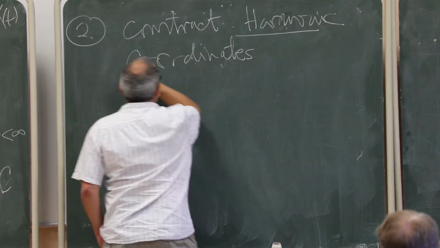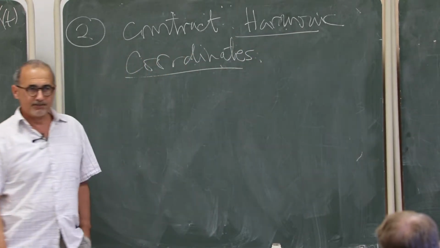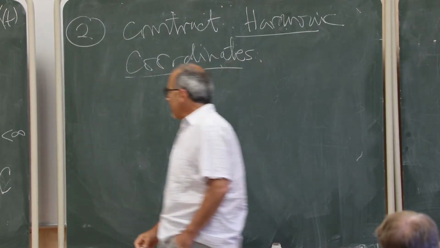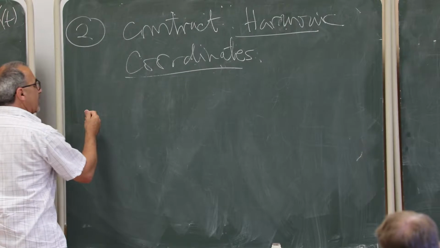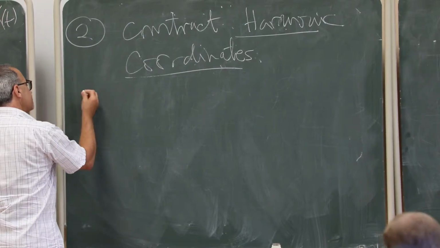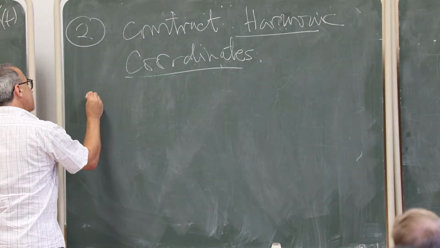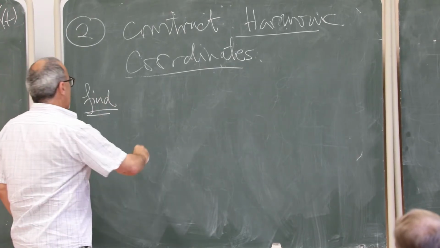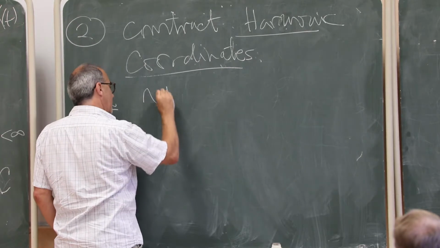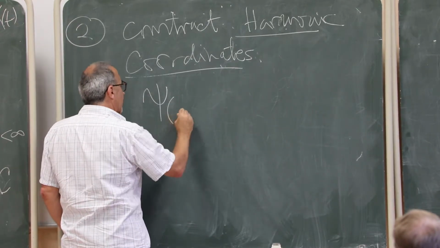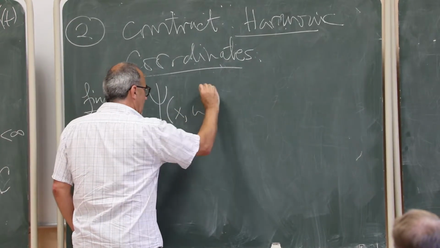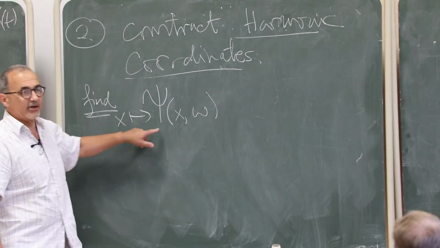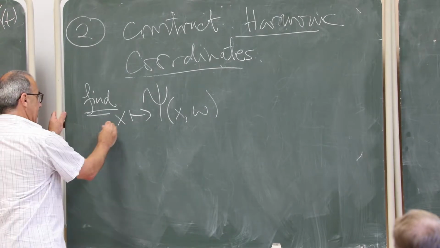So harmonic coordinates is the catchword. And let me tell you in plain words what that means. I am trying to find a field, let me call it psi, defined from the lattice, so it's a random field on the lattice.